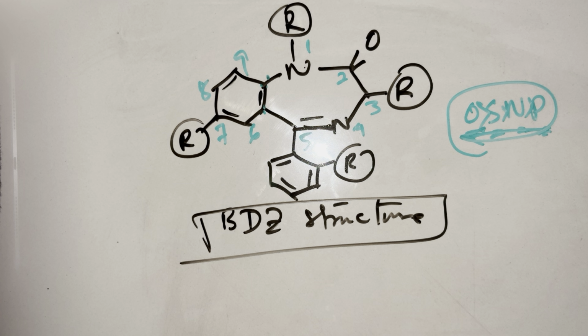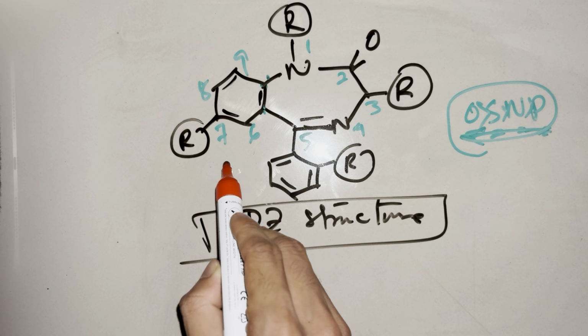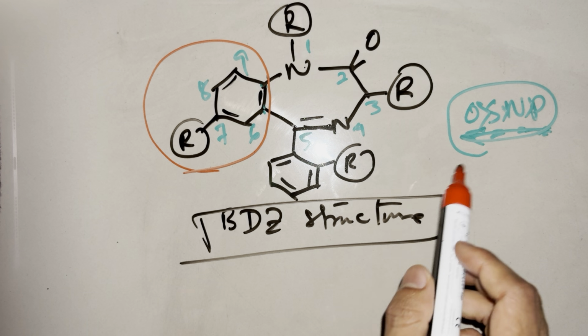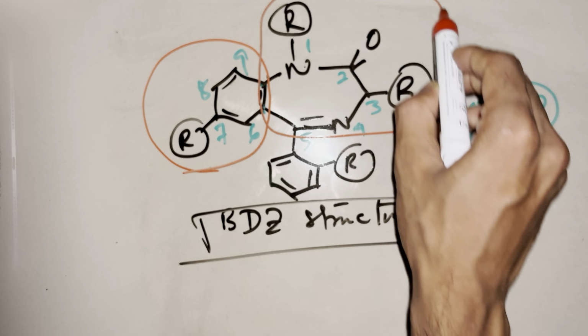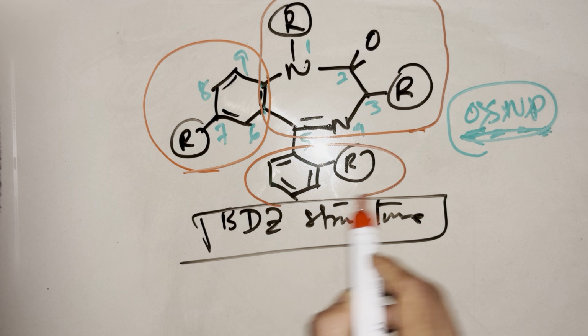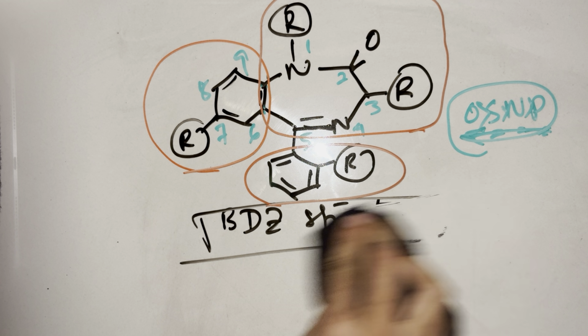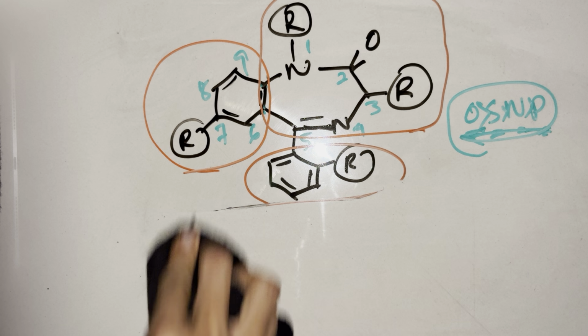Now see, this benzodiazepine has three fragments. Three fragments mean this one is fragment 1, this one is fragment 2, and this one is fragment 3. So fragment 1 is mainly the benzene ring. Yes or no?